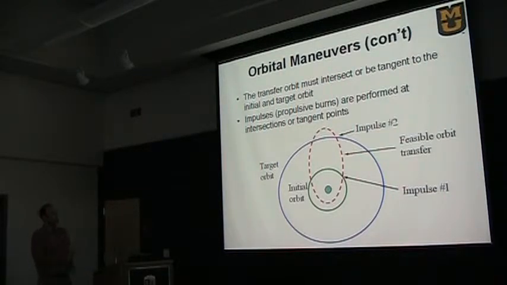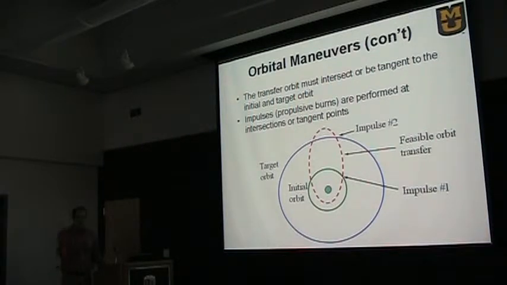But here's a simple schematic of how an orbit transfer has to occur. In this case, the red dashed ellipse has to, of course, intersect both orbits. If I want to go from the green orbit, the initial orbit, to the target orbit, the blue orbit, that's a feasible transfer, an ellipse that touches both orbits. And it turns out, and I'll show this shortly, the best one is that ellipse that just is tangent to the bottom point on that green orbit, and it's tangent to the top point on the blue orbit.